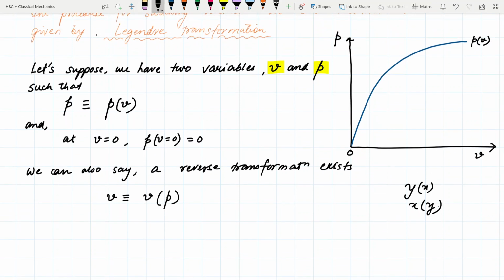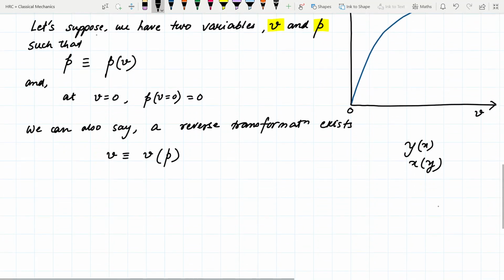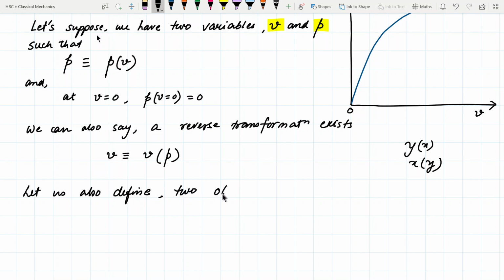Okay, now I am just trying to define a setup here. Okay, I am defining all these things so that I can do some analysis on it. Now let us also define two other functions.